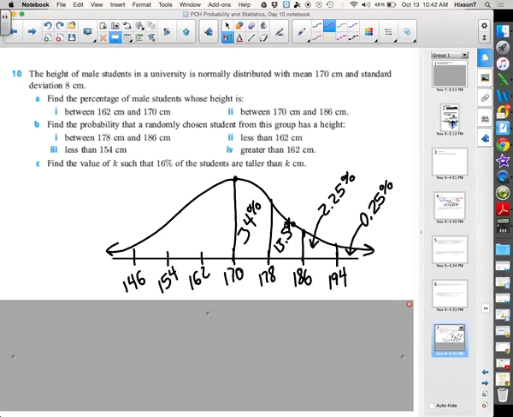Okay, good. 34%. We're looking at this region right here. Okay, 34%. Good. How about between 170 and 186? Good, 47.5%. We're looking at this region here. Okay.